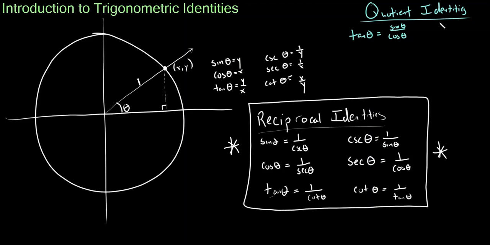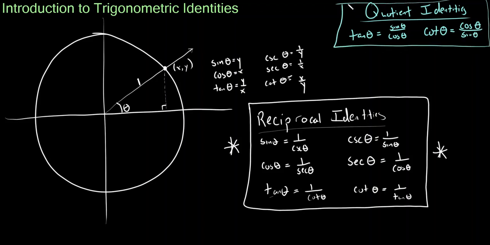So you can think of tangent as sine over cosine, which I did cover in the previous videos. And since cotangent is the reciprocal of tangent, which is x over y, you can think of cotangent as cosine over sine, and that's what we call the quotient identities.